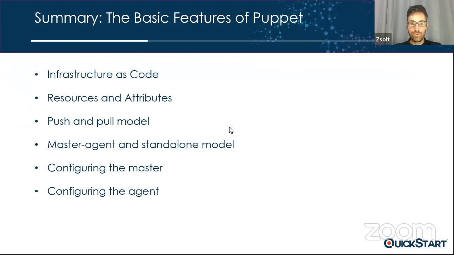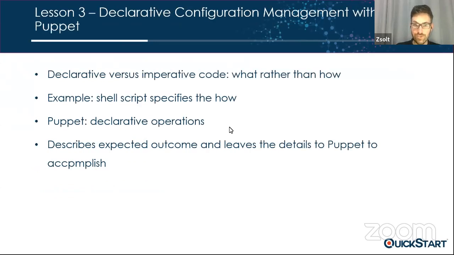You learned the push and pull models, also the master agent way, which is a production version of Puppet, and also the standalone model, which can be used for testing. Then installing, well, not necessarily configuring, but installing the master and the agent, was also in lesson 2.